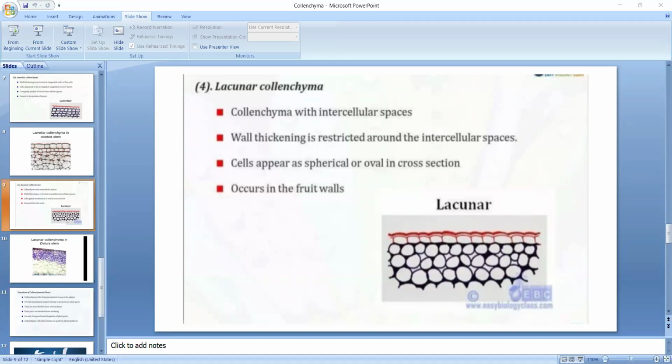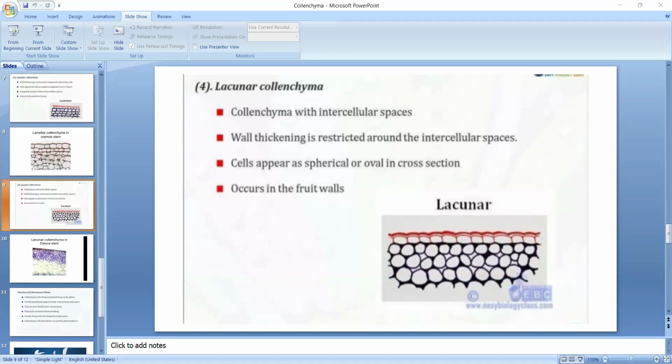The word lacuna refers to intercellular spaces. Lacuna means intercellular space. In between two cells, that gap is called intercellular space. Examples: Monstera aerial roots, stems of Lamiaceae and Malvaceae, where we observe lacunar collenchyma.